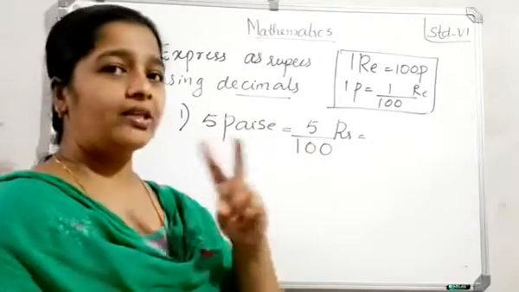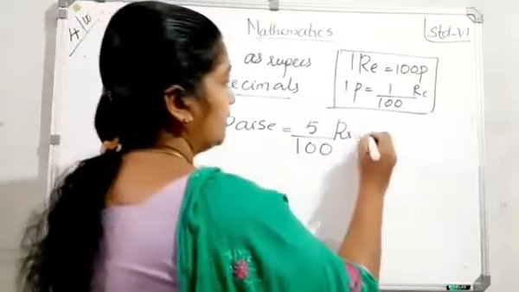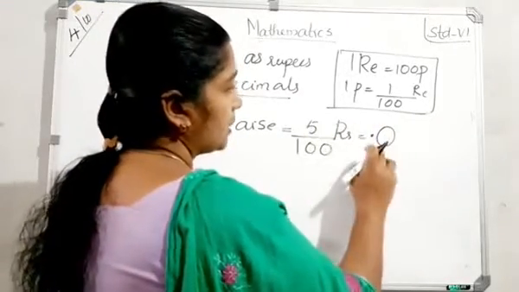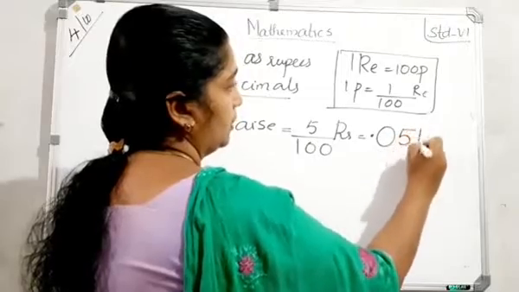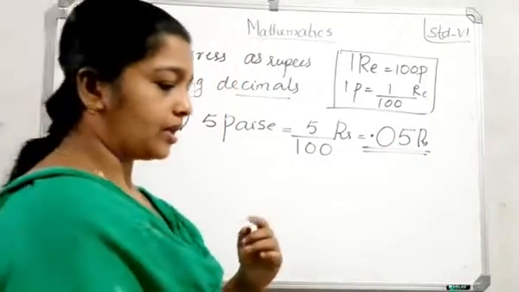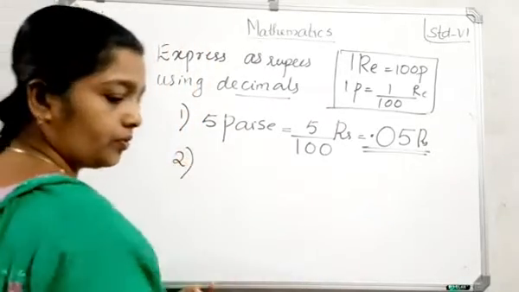After the decimal point, how many digits are there? 2. Here 1 digit, so we want to convert here. 5 by 100 is 0.05 rupees. Clear? Yes.